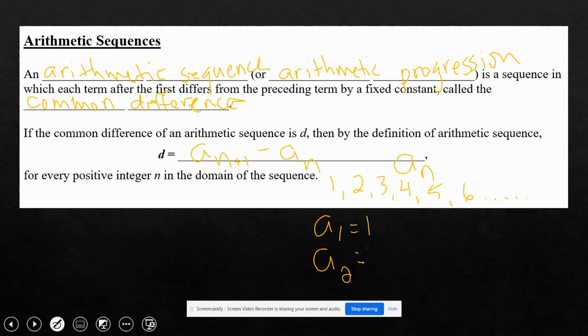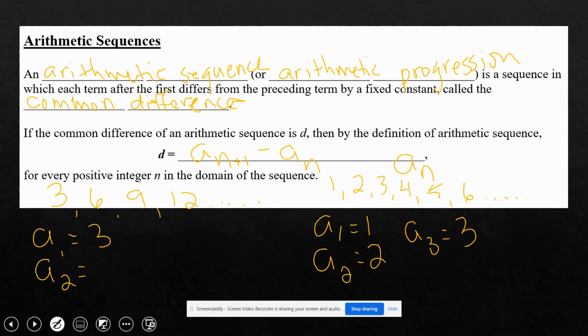Your A sub 2 is 2 because your second term, or the second number in your list, is 2. Your A sub 3 is 3. If I had a different one, or maybe I went 3, 6, 9, 12, my A sub 1, or my first term, is 3. My A sub 2, or my second term, is 6. My A sub 3, or my third term, is 9.